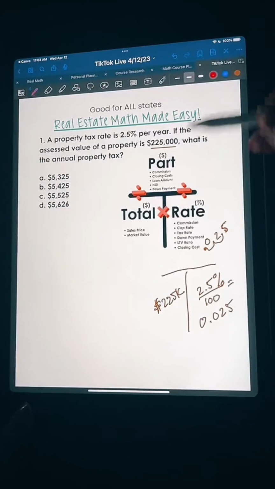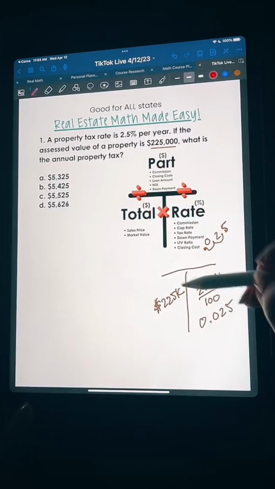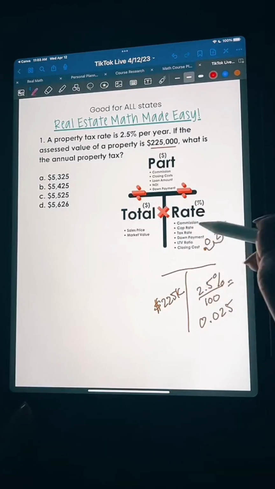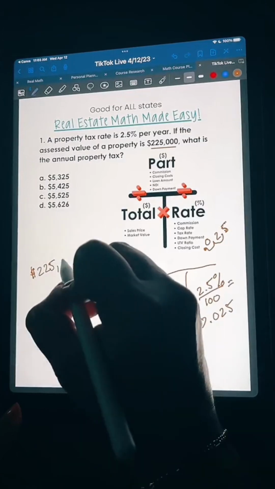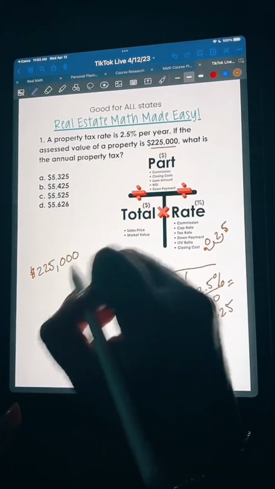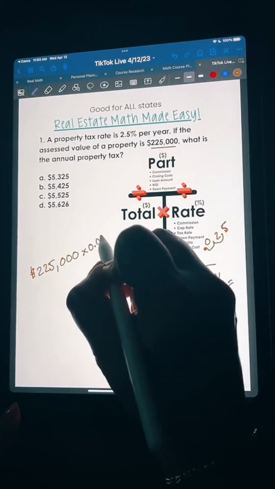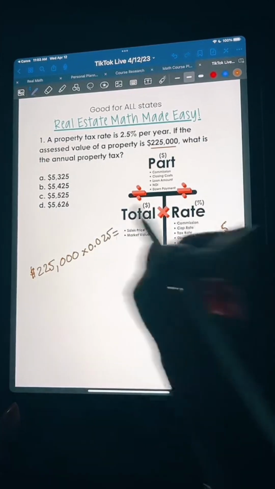And according to our T chart here, it shows that we have to multiply when we have these two numbers. So we're going to multiply these two numbers. So we say $225,000 times 0.025.